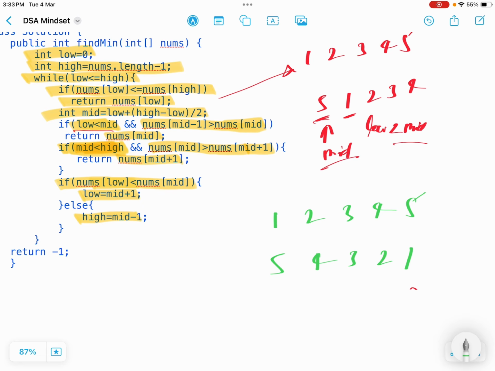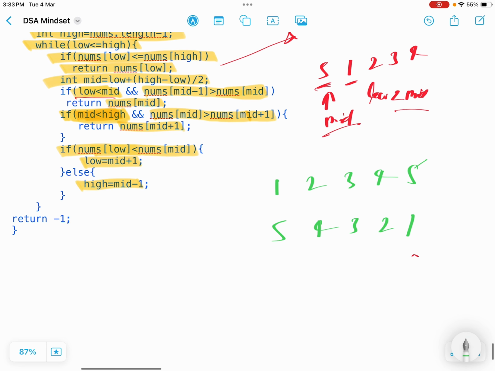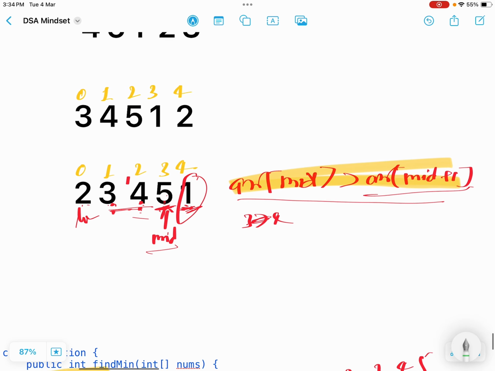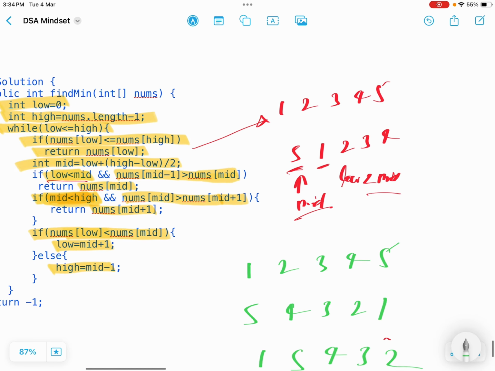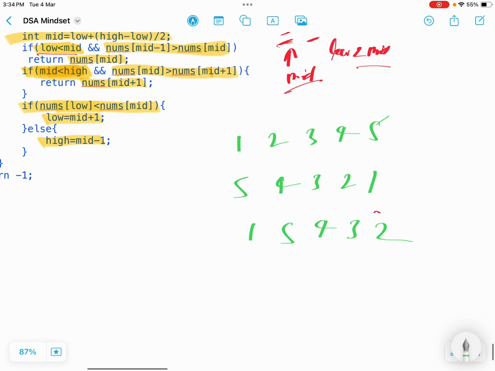So 1 will come here, so 1 5 4 3 2, right? That's what we are doing here, 5 4 1. This example we can take, because 1 2 3 4 5, 5 will come here, 1 will go here, 5 4 3 2, right?